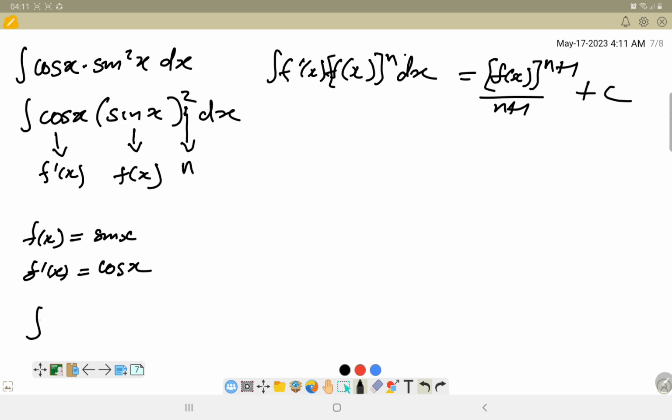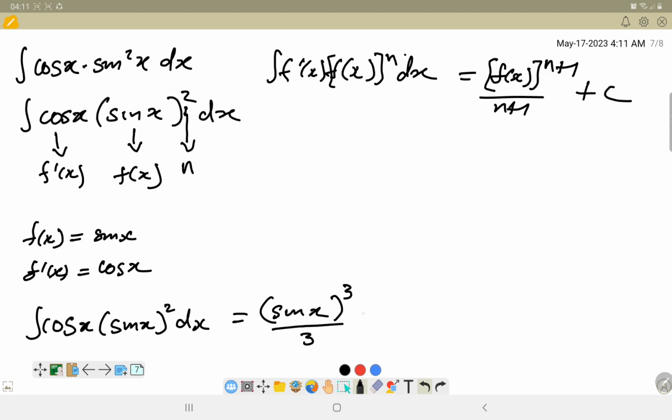Therefore, the integral of cos x times sine x all to the power 2 dx is simply sine x all to the power 3 over 3 plus c. Of course, this can also be written as sine to the power 3 x over 3 plus c.